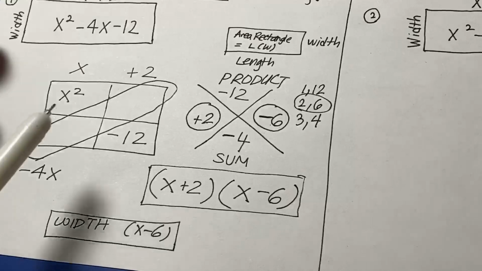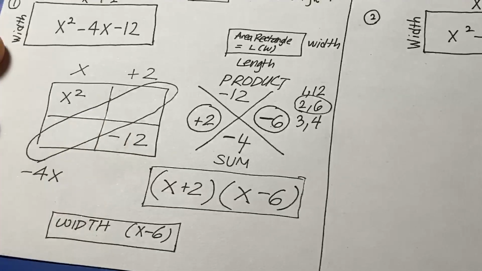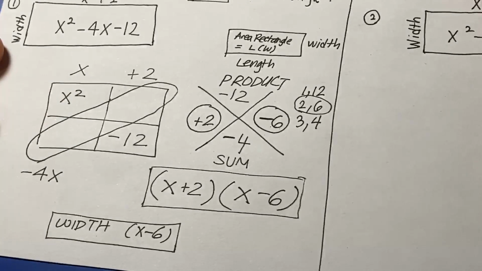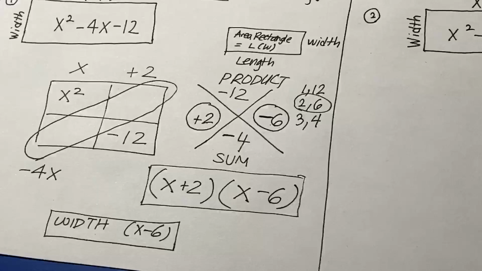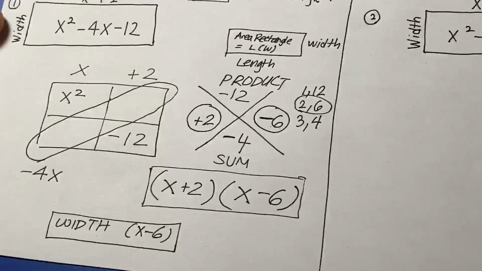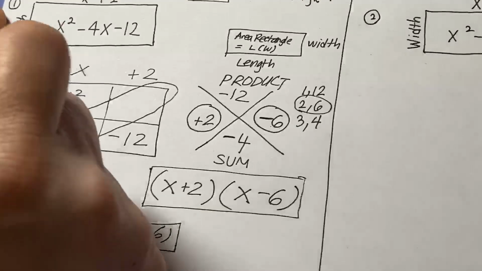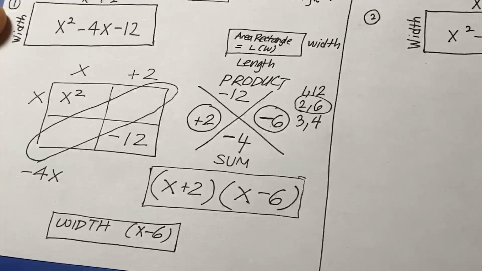Now, if I were to go back to this situation here, let me continue and think of this like a puzzle. We already solved the problem. We found that the width is x minus 6. I want you to see a connection here. X times what term gives you x squared? X, absolutely correct.